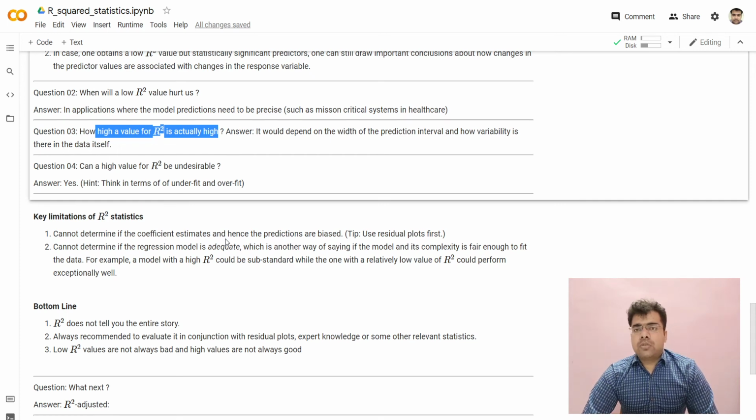So in those cases, if you have to also look for the bias in the model, you can go for residual plots. I will be putting this video very shortly regarding the residual plots, but as of now, think in very general terms that residual plots can sometimes be used in conjunction with R squared statistics to also find out if my model is biased.